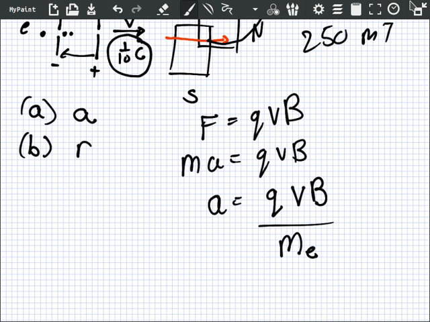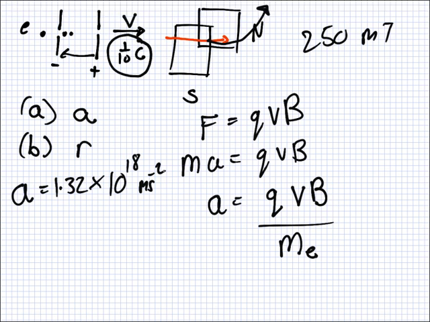The electron moves right, so the current moves left. Conventional current. So the answer is 1.32 times 10 to the 18 meters per second squared.